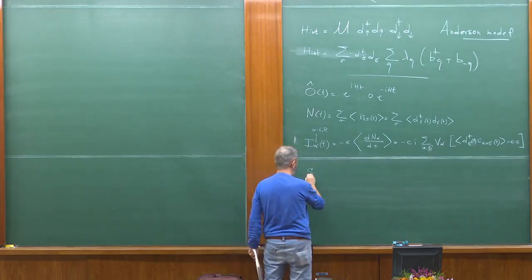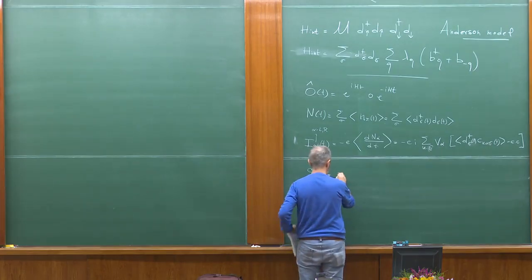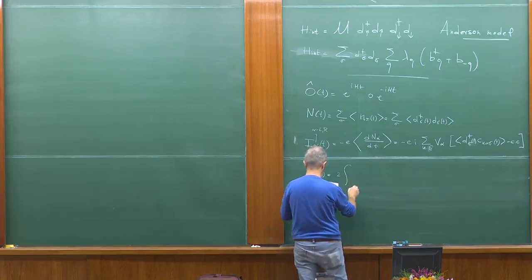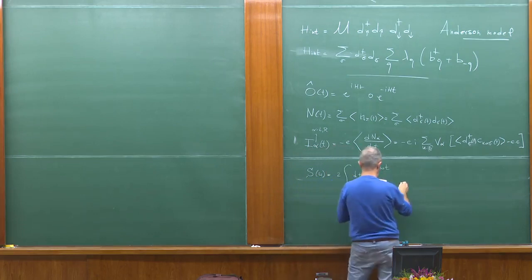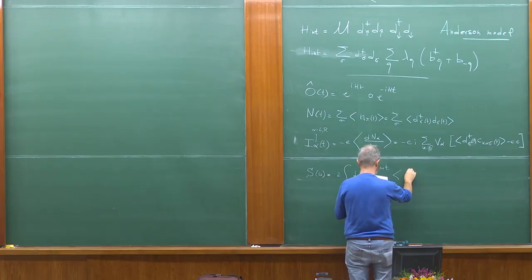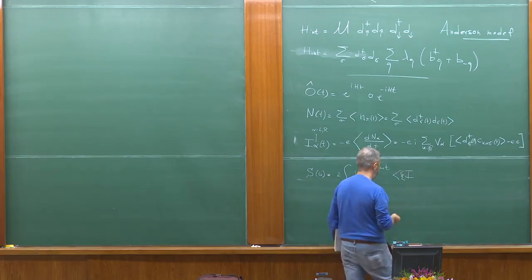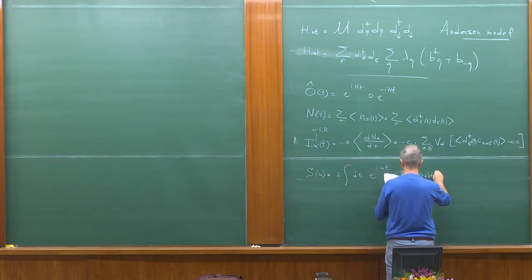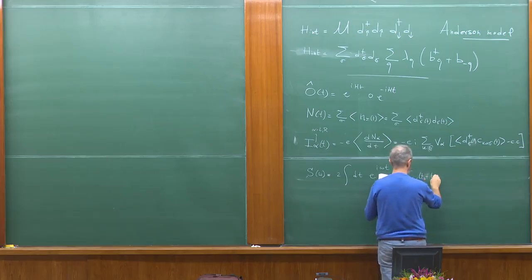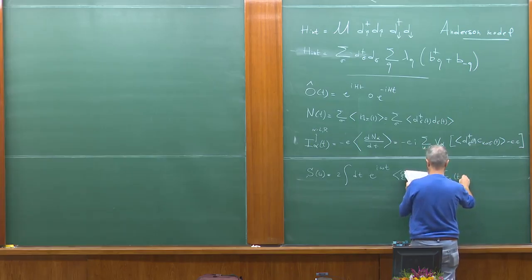For example, one thing that is very important is the noise, the spectrum of the noise of charge, which is the integral dt e to the i omega t, and then, well, it depends how you define it. I take the antisymmetric correlator, so the symmetrized noise, and then that's, no, wait a second, t naught plus t, e alpha t naught.